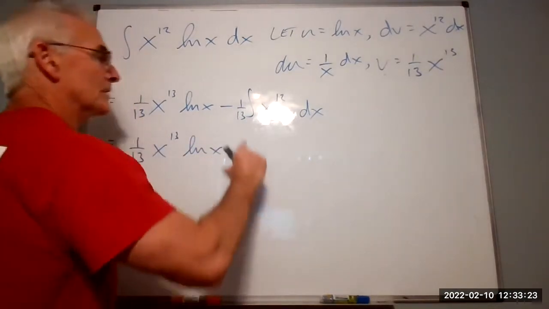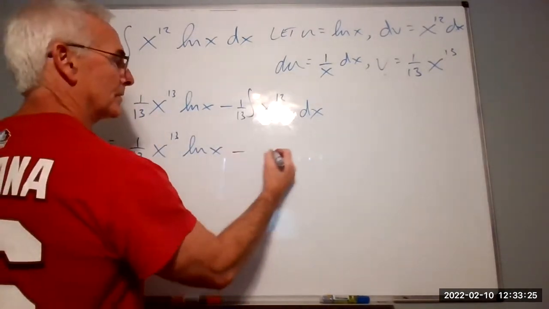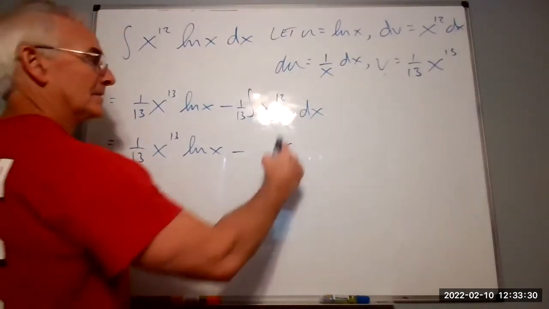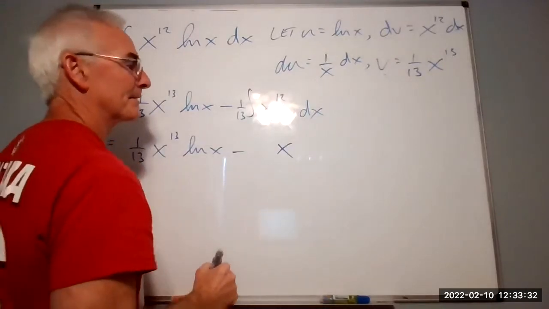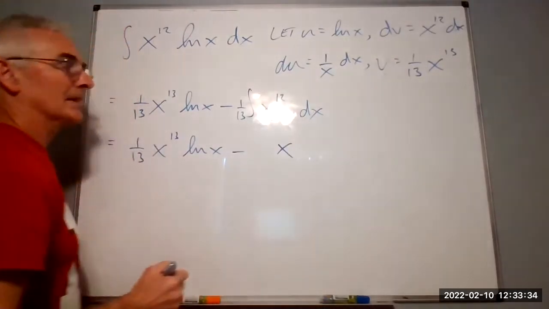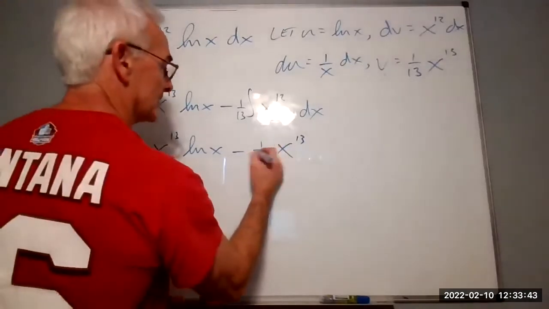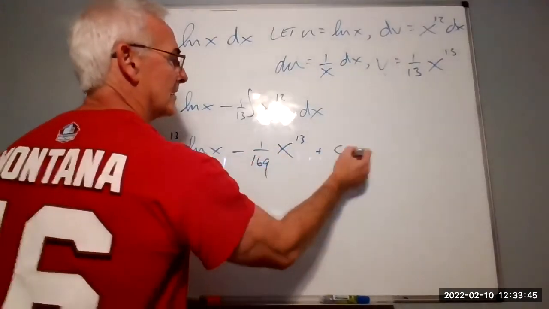What's the antiderivative of 1/13 x to the 12th? Well, it's definitely x to the what in my answer? Yeah, use your calculator. 13th. And then what's my coefficient? Is it 169? Yeah, 13 times 13 is 169. So 1 over 169.